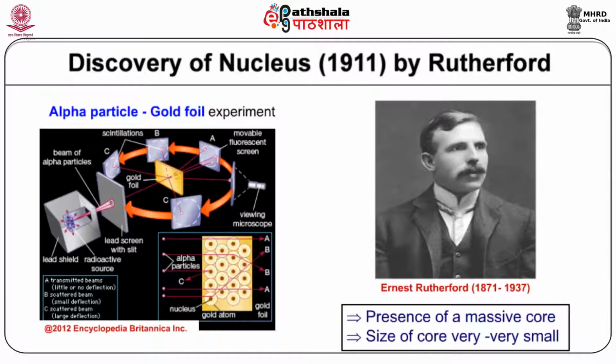He considered that almost 99.99% of the mass of the atom is concentrated only in this central entity called the nucleus. So he came across the term nucleus, and the study we have about the nucleus started after the discovery of the nucleus.